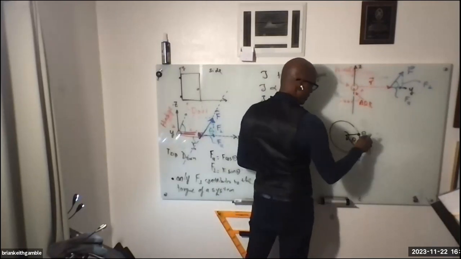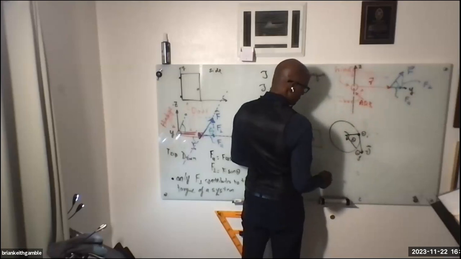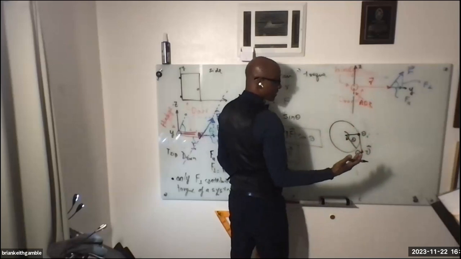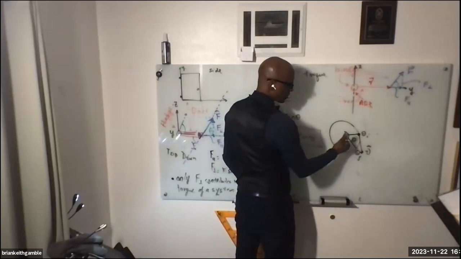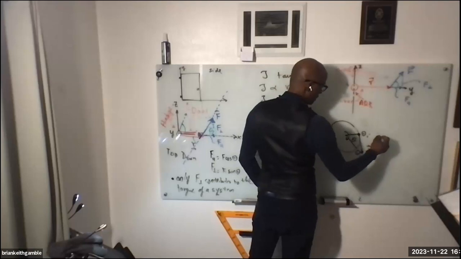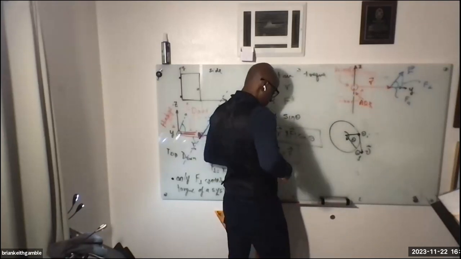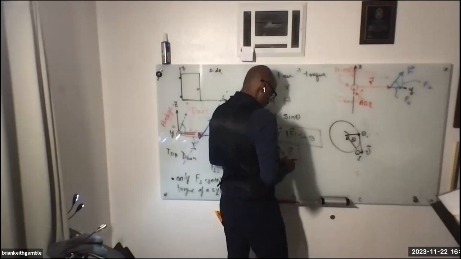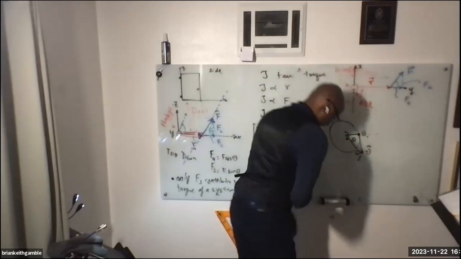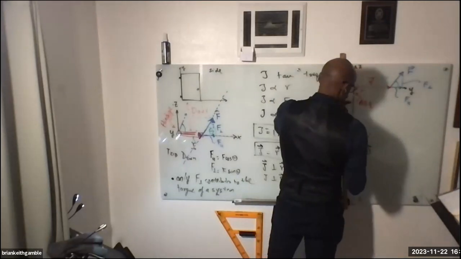So if we're doing the kind of axes that they would do in the book, Z is going to be coming out of the board. Looking top down on this axis, we would get something like this.